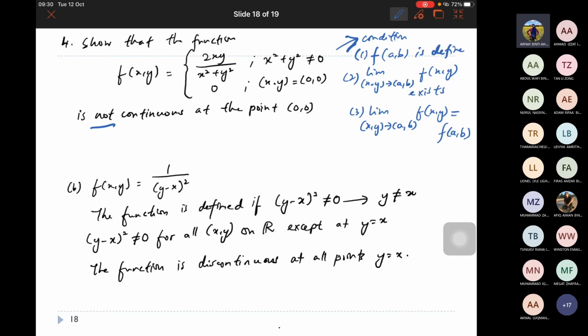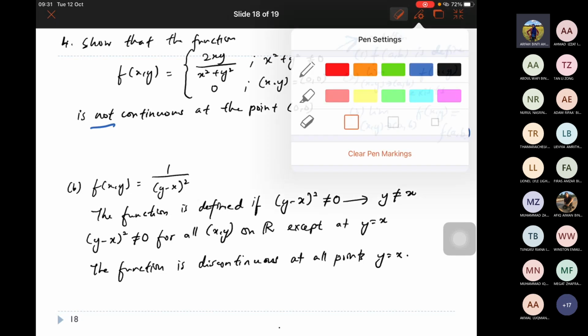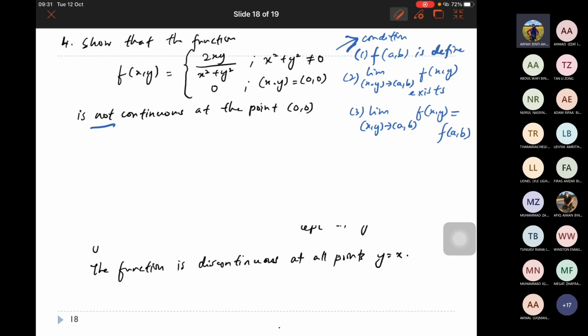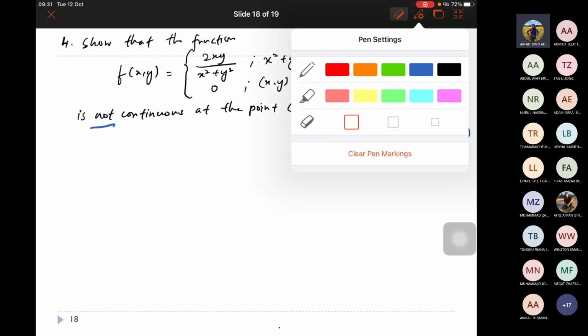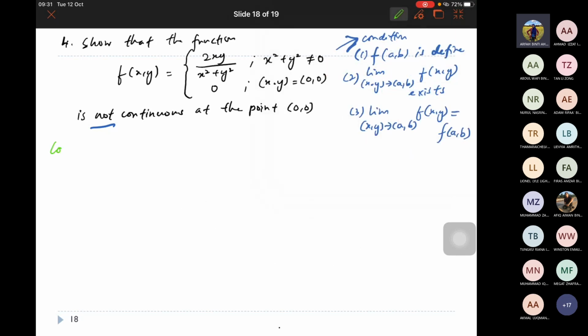So, kita kena tunjukkan dan dia akan memenuhi 3 condition ni in order for us to say that the function is continuous. Okay, is not continuous. Condition mana yang dia tak penuhi? That is the thing that we have to do in order to solve this question. So the first one, condition 1. Okay. So for condition 1, f(0,0) akan sama dengan 2 kali 0, 0 dibahagi dengan 0 plus 0 equal to 0.